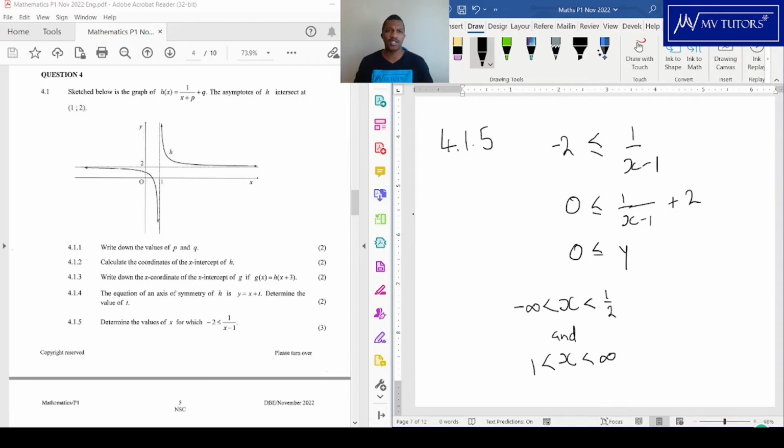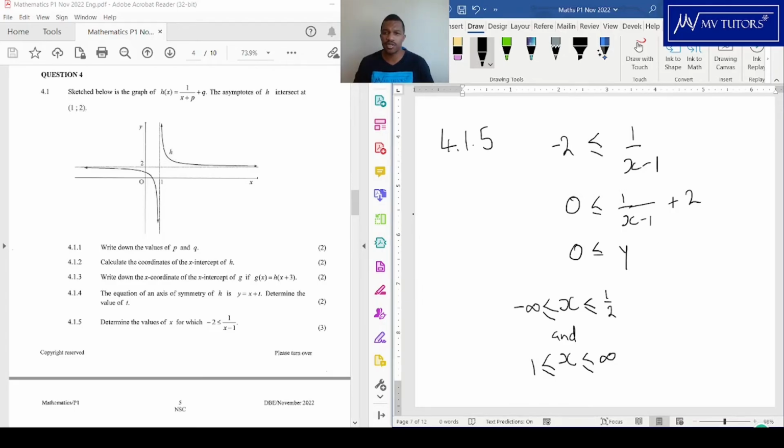Now here's the deal. This inequality sign also has an equal sign, so I should actually put an equal sign there and also over there. If I put it there, I won't be wrong, it's still correct, but it gets a bit tricky with infinity.